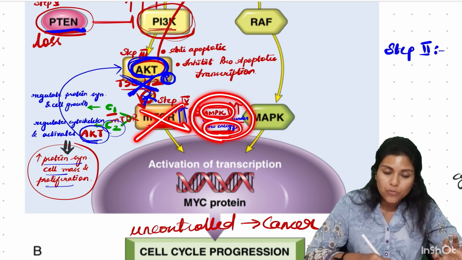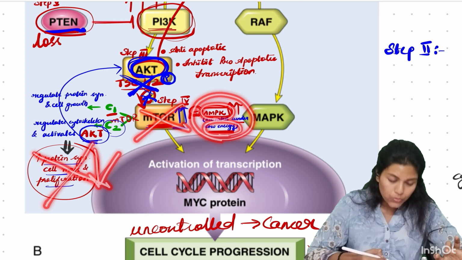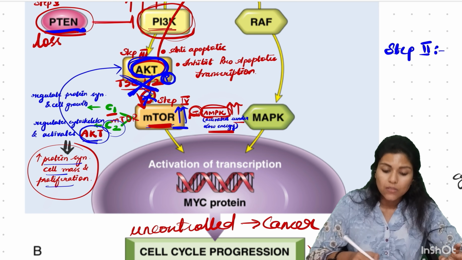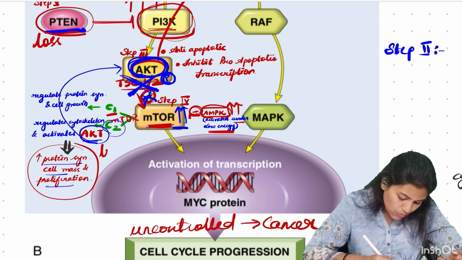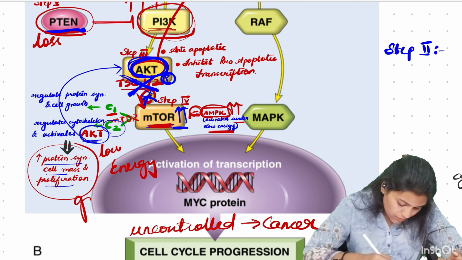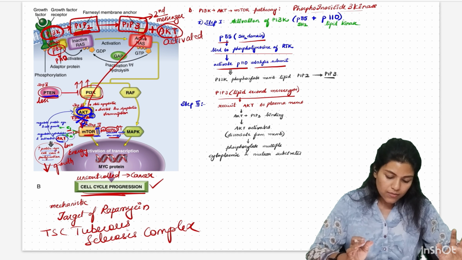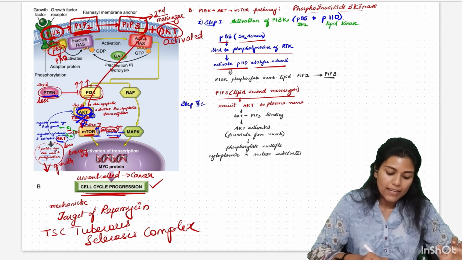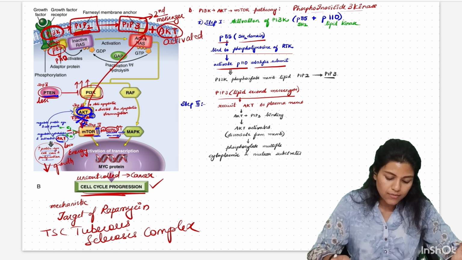The final output is to decrease protein synthesis, cell growth, and cell division. Whenever there is low energy, cell growth has to be shut down. That is the ultimate target. So this is the second branch of the PI3K AKT mTOR cascade that we have discussed.